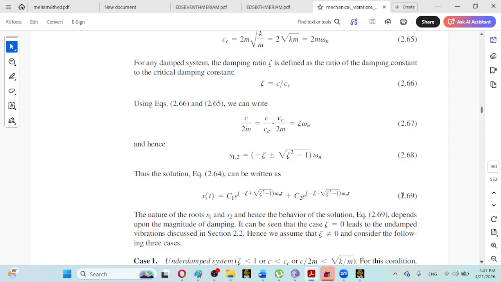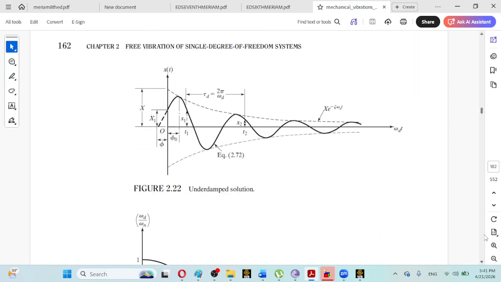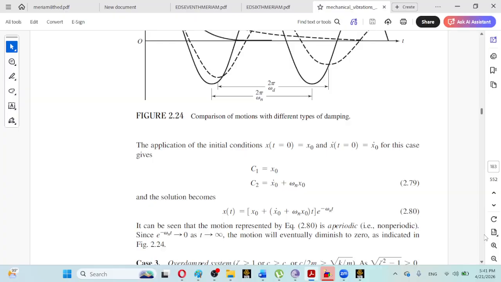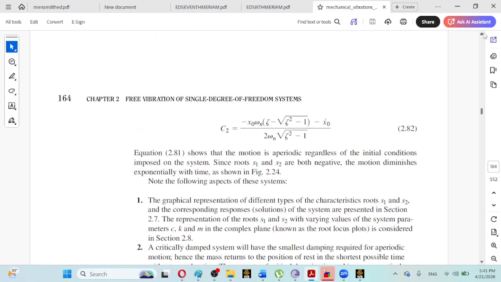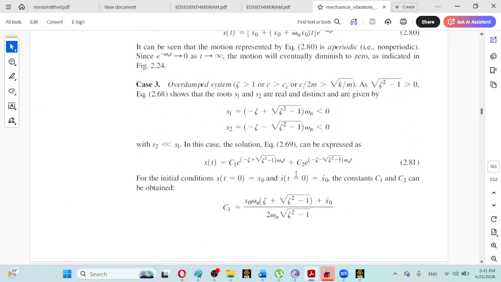You can compare equation 2.69 and equation 2.81. This equation 2.81 is the same as equation 2.69, there is no difference.